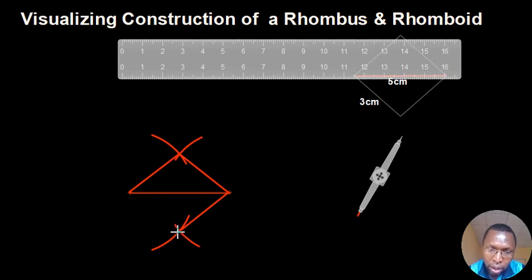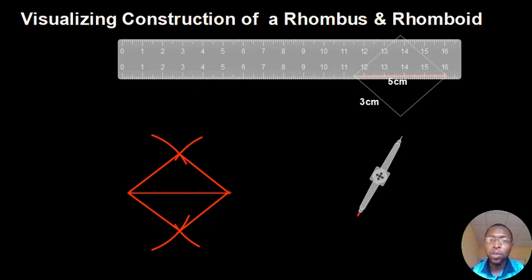And this point I join it with this point here. So this is how to construct a rhombus with 3 centimeter side and 5 centimeter diagonal.